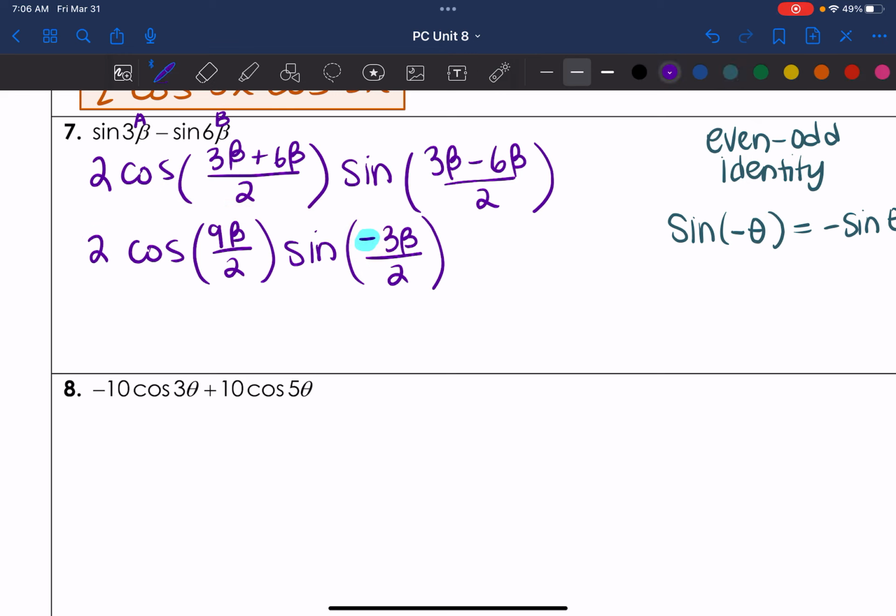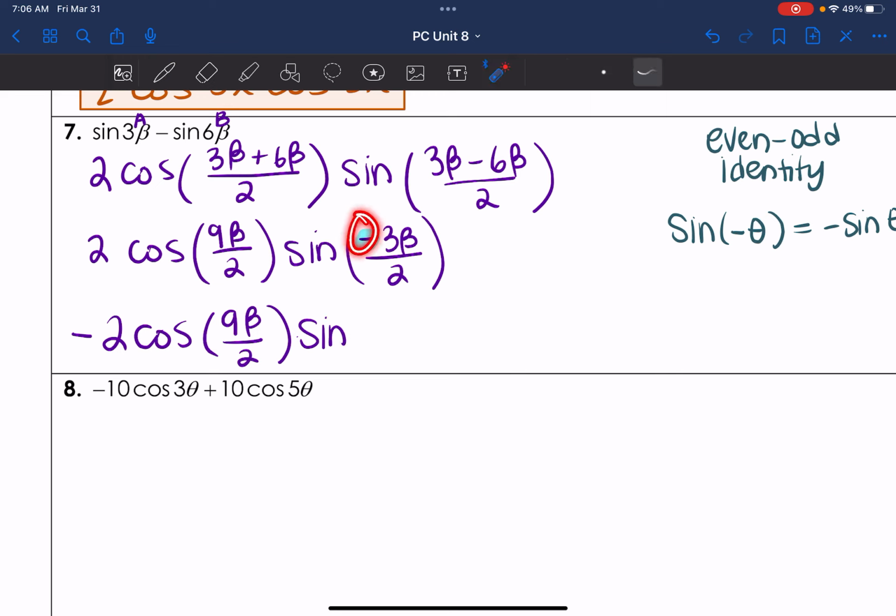So this becomes negative 2 cosine. Here's where you would try to simplify, but 9 divided by 2 is 4.5. We don't want to have any decimals either, so just leave it as 9 beta over 2 times sine. We're going to take off that negative because we moved it to the front. But then 3 divided by 2 also does not simplify, so just leave it as 3 beta over 2. And that's our final answer.